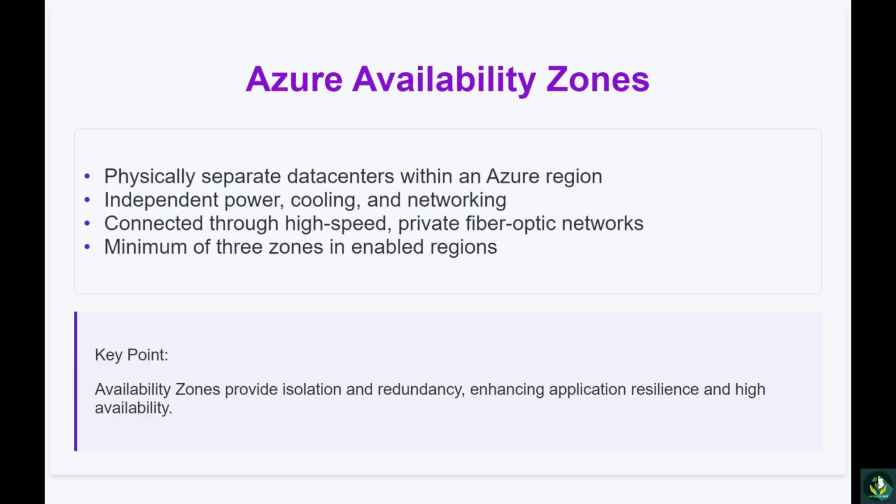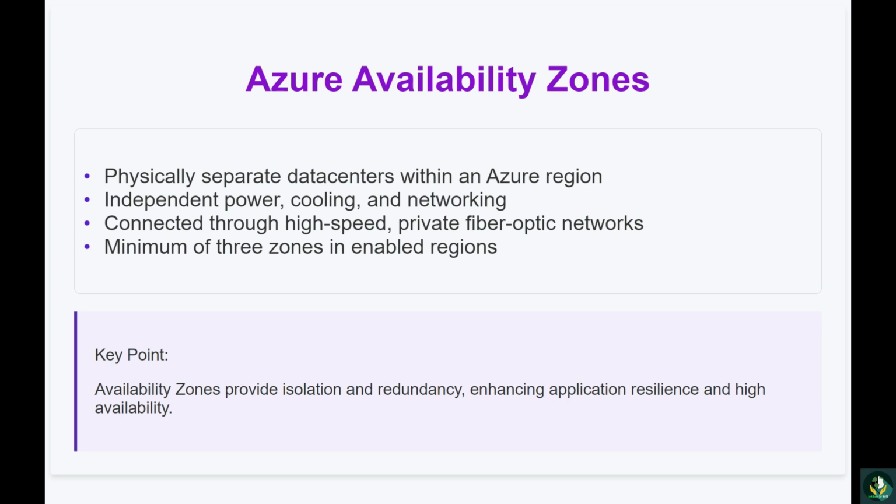It's important to note that Azure ensures a minimum of 3 separate availability zones in all regions that support this feature. This triple redundancy is by design, providing you with multiple options for distributing your resources and enhancing your application's fault tolerance.